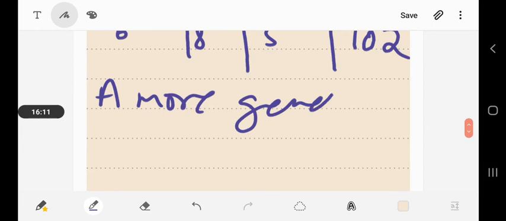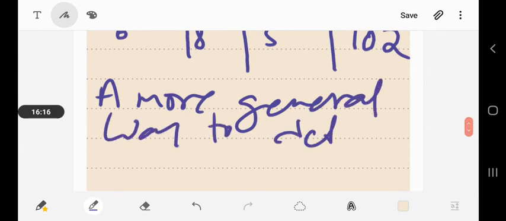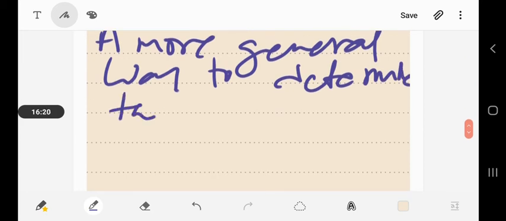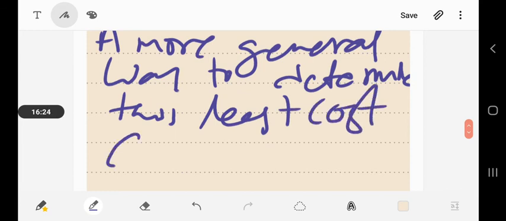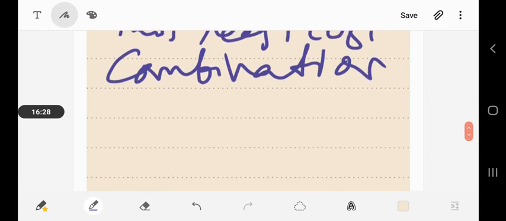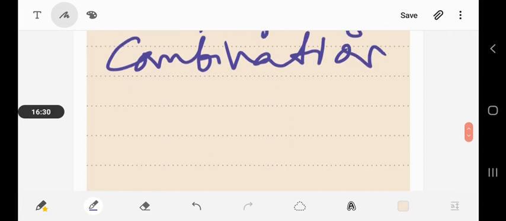A more general way to determine this least cost combination is geometrical in nature.